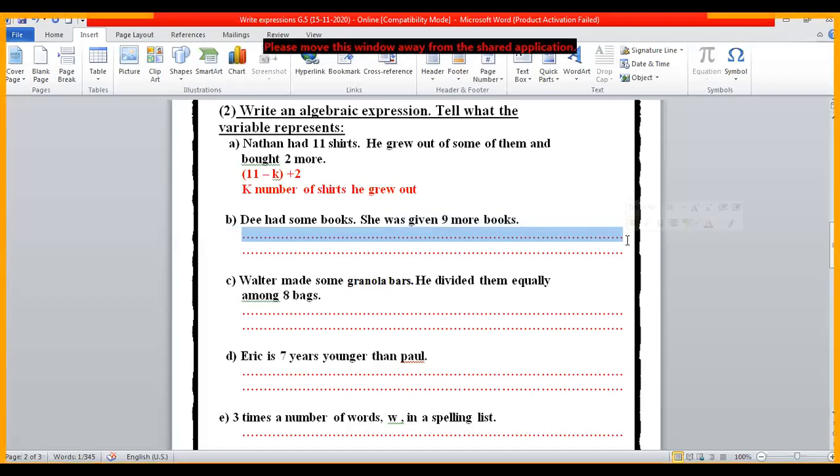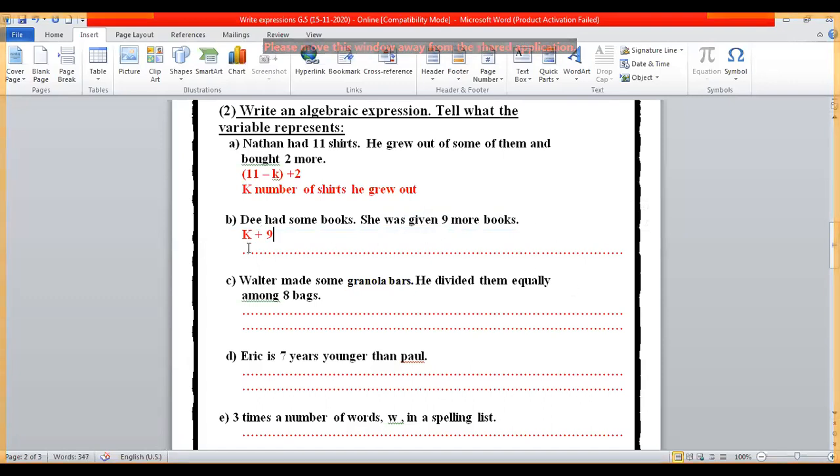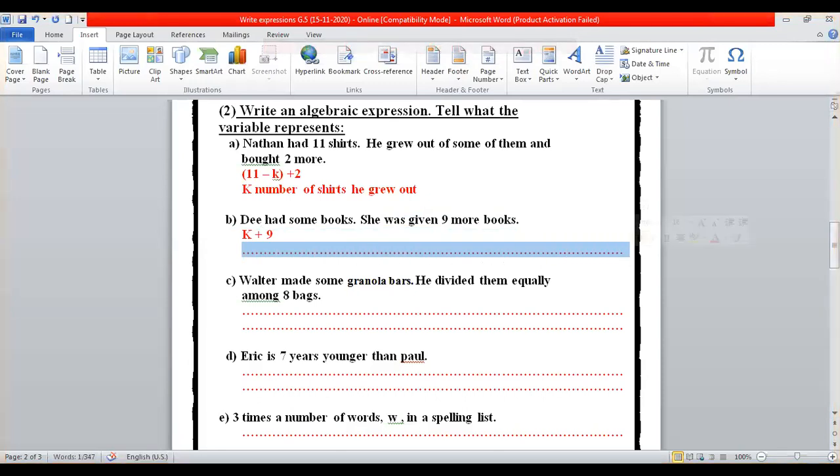K plus 9. Okay. Because here more means plus. And the K represents the number of books.